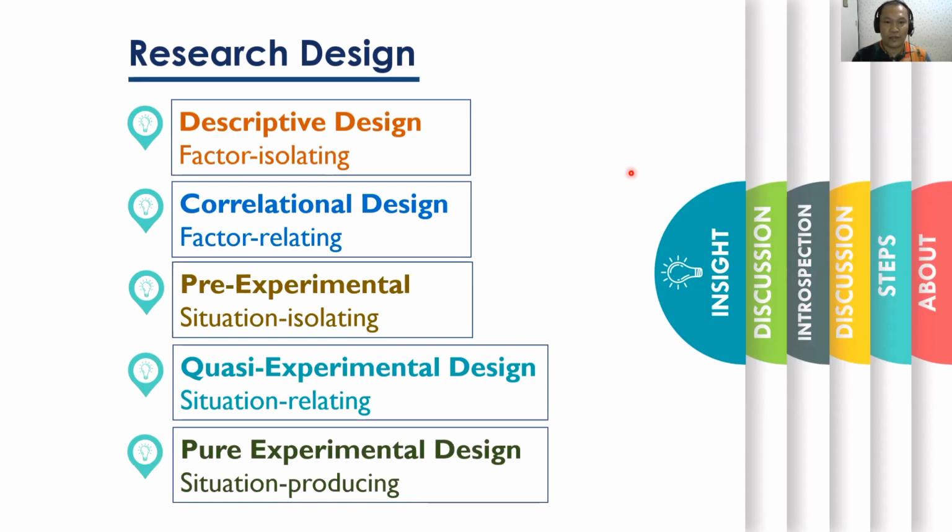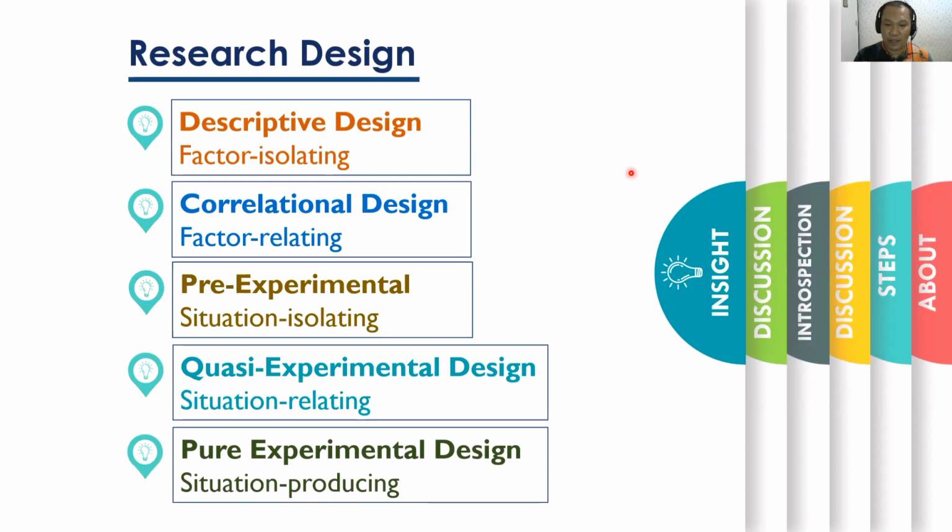Remember, when we talk about descriptive design, we just describe the nature of the problem. Correlational, we determine the relationship between two variables. Pre-experimental, there is an intervention, but we don't have a control group.